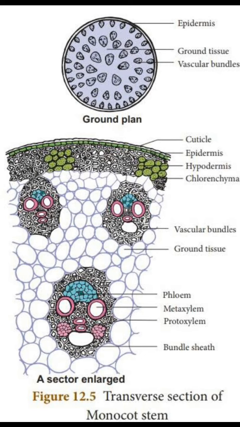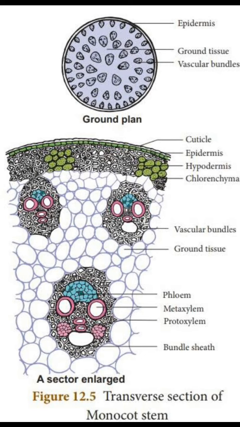So students, in this video we had a discussion regarding the deleted portion for the board examination. It is nothing but the internal structure, meaning anatomical structure, of dicotyledon and monocotyledon plants, for better understanding of the tissue organization of roots, stems and leaves.